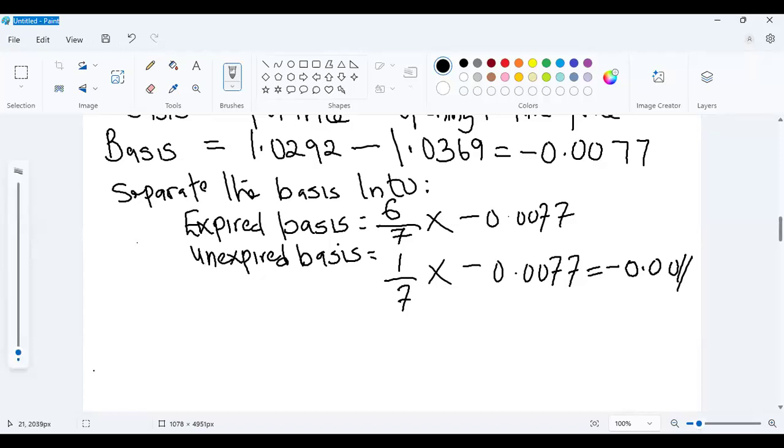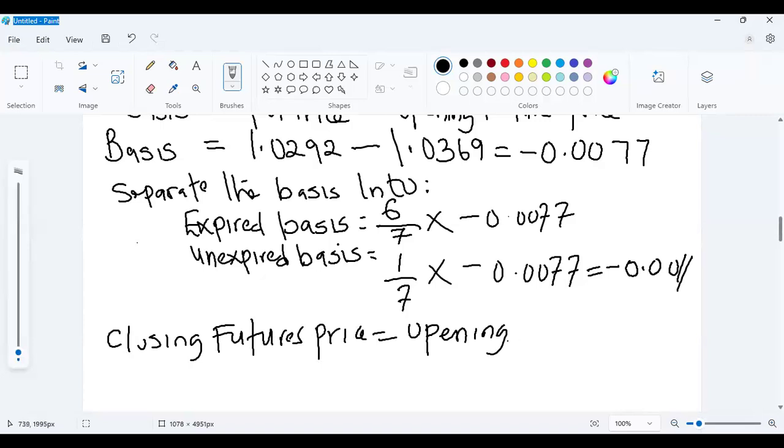Then you can now calculate your closing futures price. The closing futures price is equal to the opening futures price plus the unexpired basis.